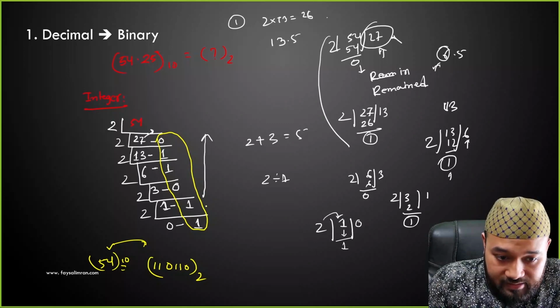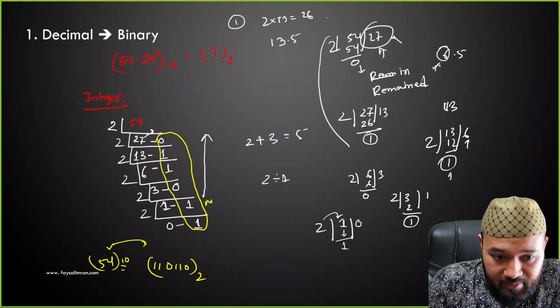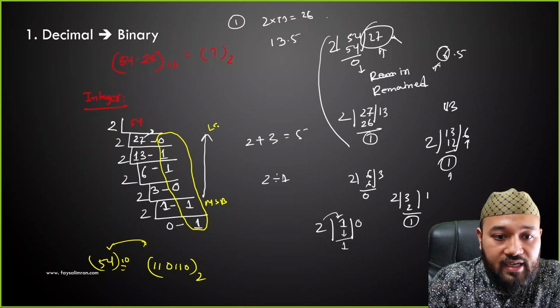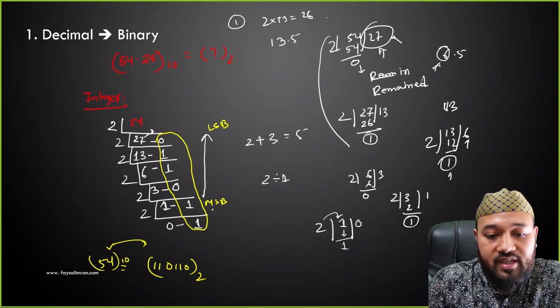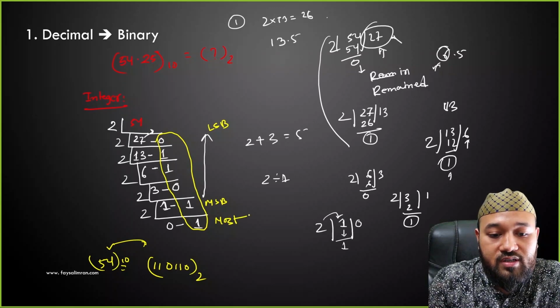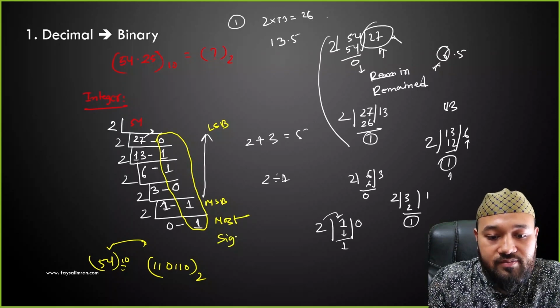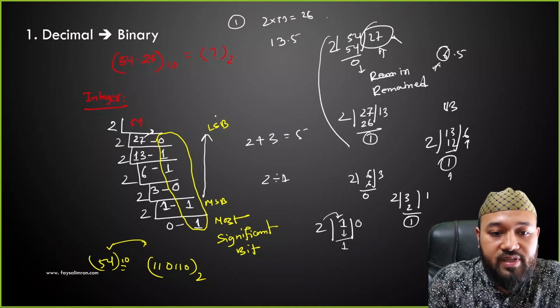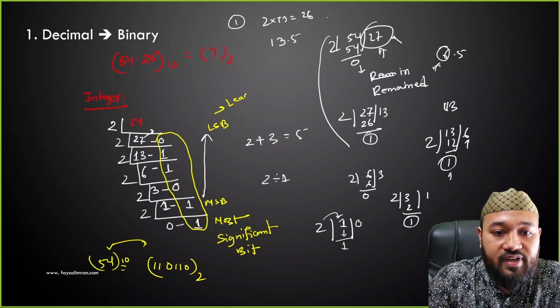Okay, the bottom part is called the MSB and the top part is called the LSB. What does it mean? MSB means most significant bit, and LSB means least significant bit.